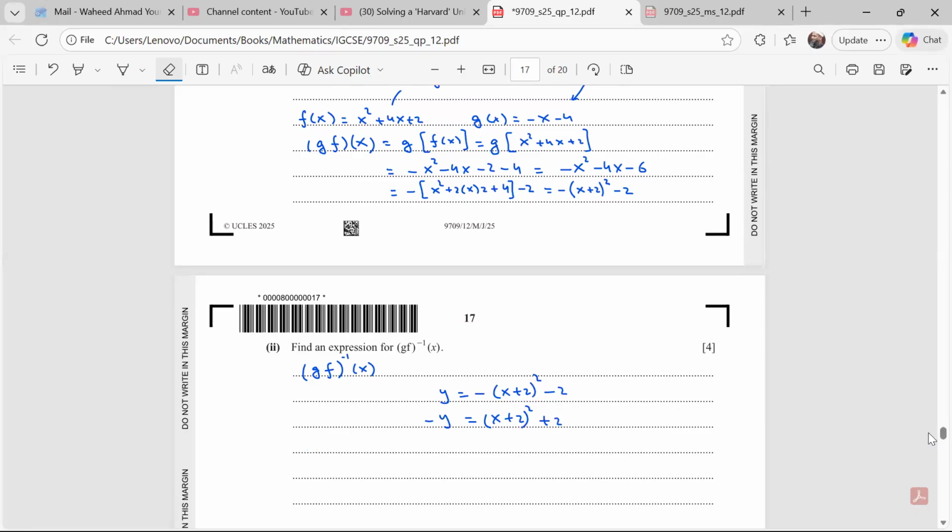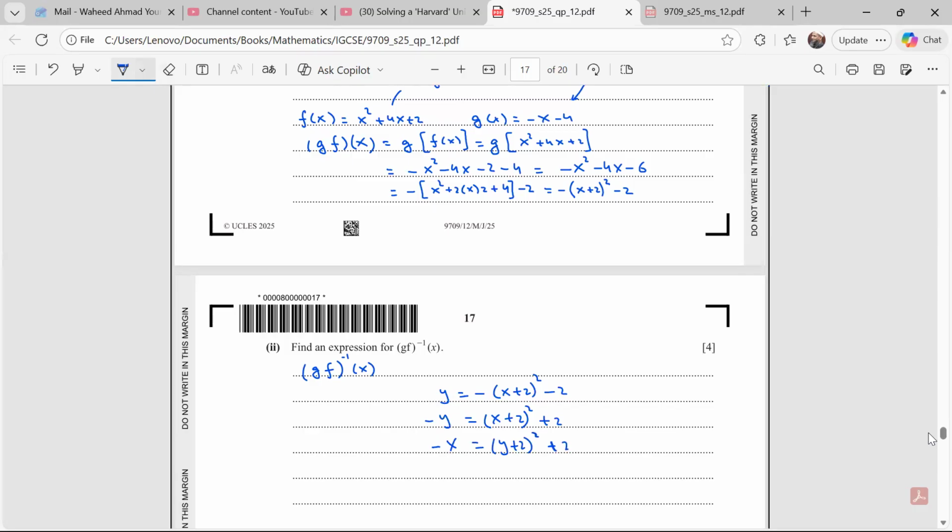So this is minus x equals y plus 2 square plus 2. Now we'll solve it for y. So y plus 2 square is equal to -2 minus x, and y plus 2 is equal to plus minus under the root of minus x minus 2, right?